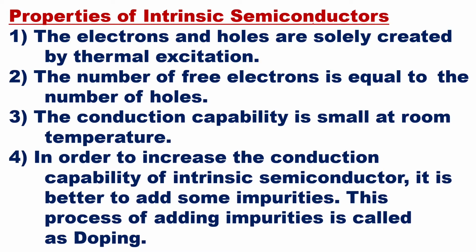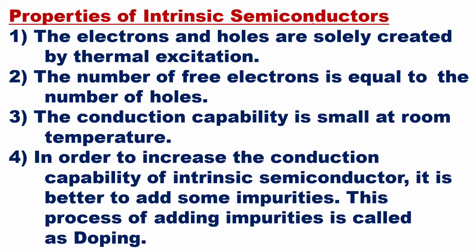This is very important. This is why we go from intrinsic to extrinsic. Then the fourth point: in order to increase the conduction capability of an intrinsic semiconductor, it is better to add some impurities. What are the specific impurities, and after adding that impurity, what happens to the intrinsic semiconductor, we will see.